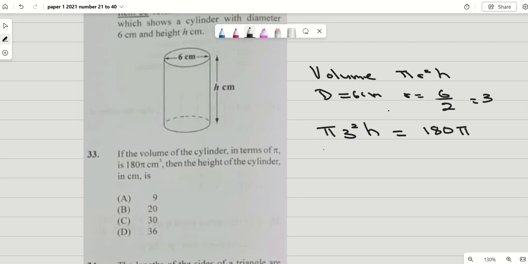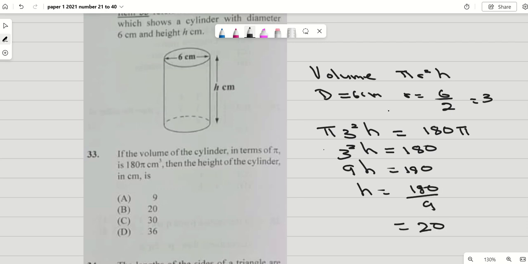We see pi is common, so it's 3 squared h is equal to 180. So this is 9, 3 3s are 9, so 9h is equal to 180. So if we have to find h, we have 180 divided by 9, which is equal to 20. So your height is B.